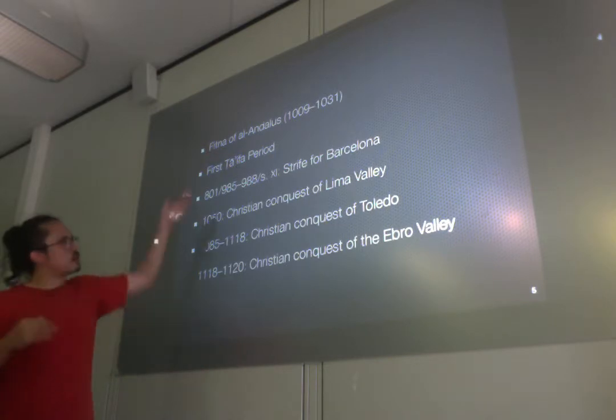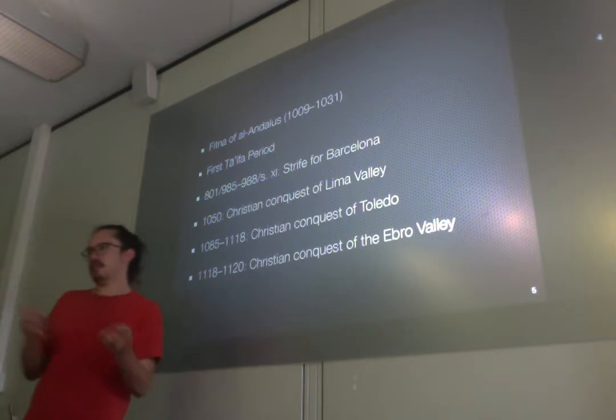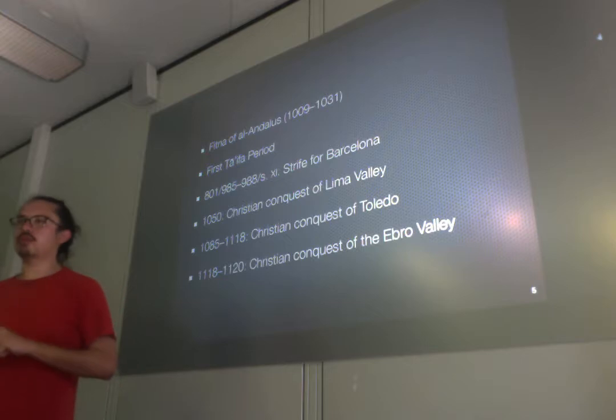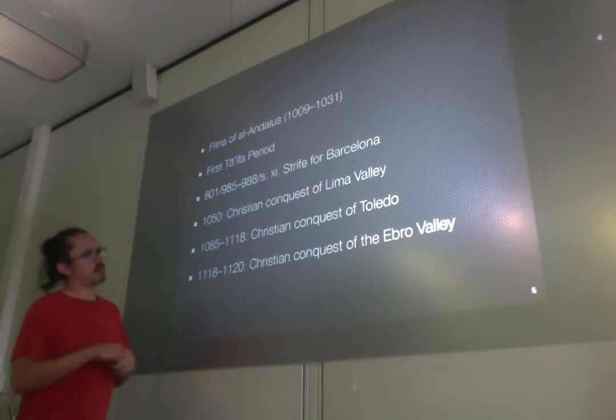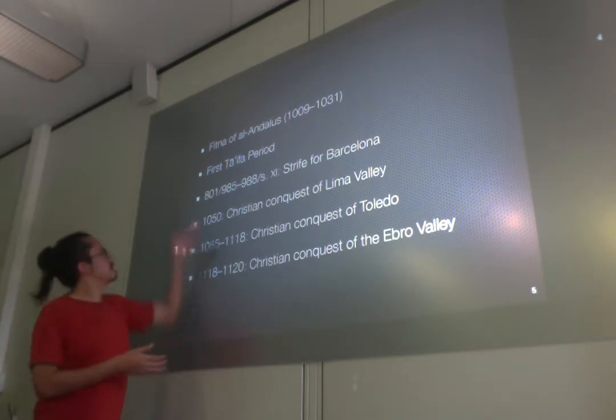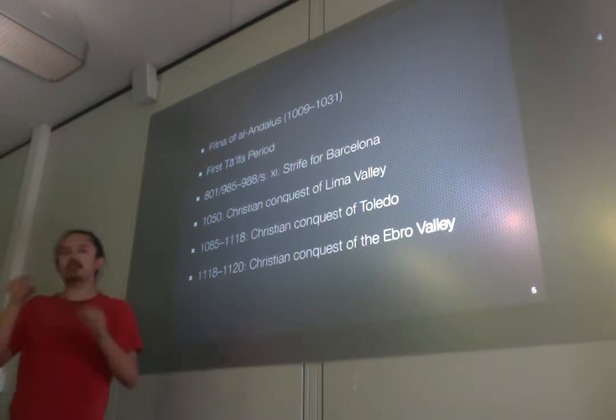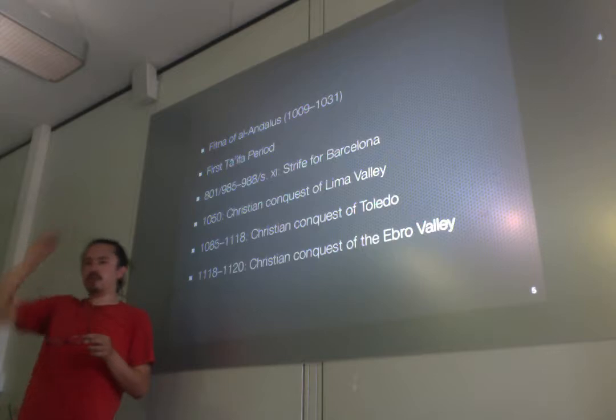Afterwards, in traditional historiography terms, we have the Caliphate of Cordoba, the Fitna of Al-Andalus, and then what has been called the first Taifa period. Taifa means peace or division.